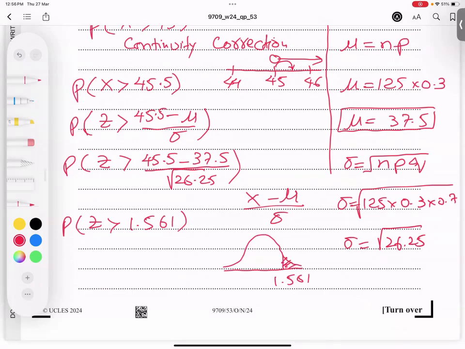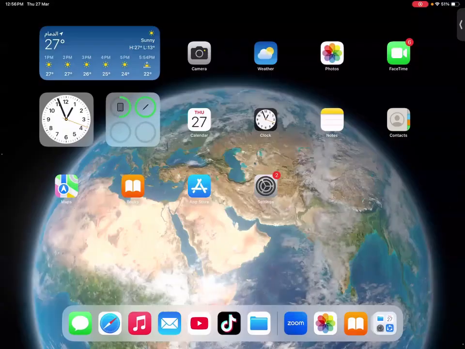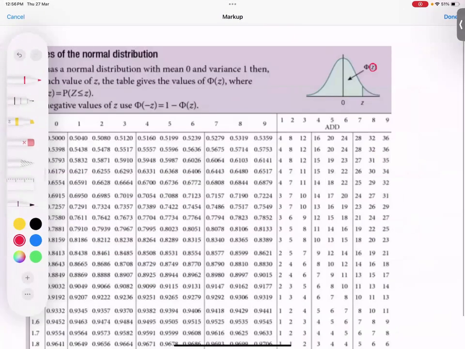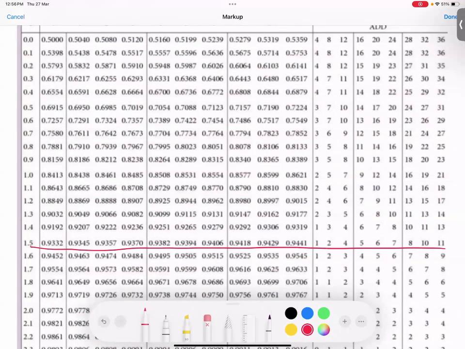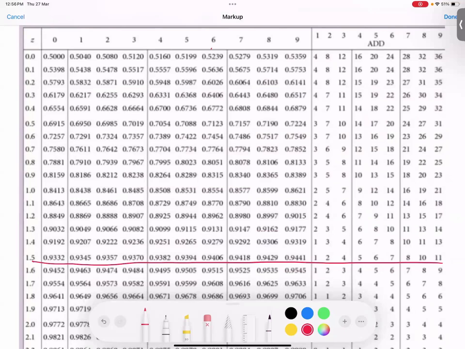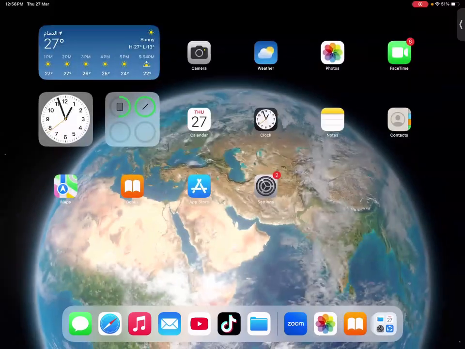Whenever you see the table, for example 1.561, 1.5 is this line, 6 is here, and 1 is here. So it means 0.9407, I got it. I will write it here.